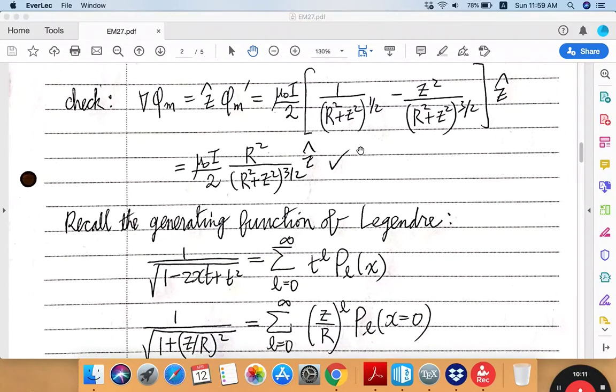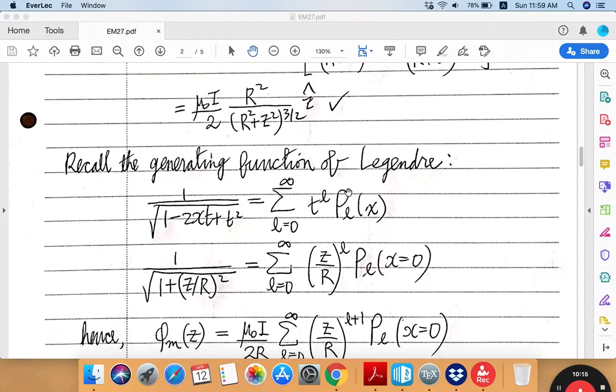Okay, so here the technique you need is to use the so-called generating function form of the Legendre polynomial. And according to the general theory of special functions, you take such a function and you do the Taylor expansion of this function in terms of t.